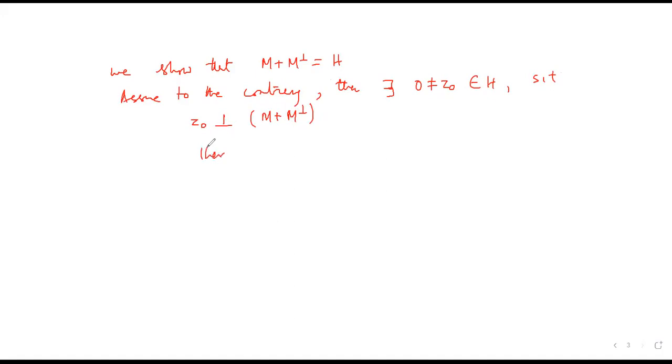Then Z naught must belong to M perp intersection M double perp.